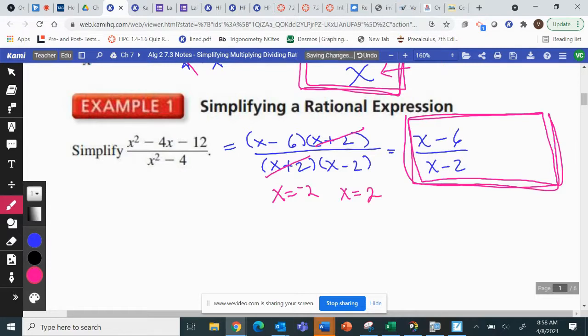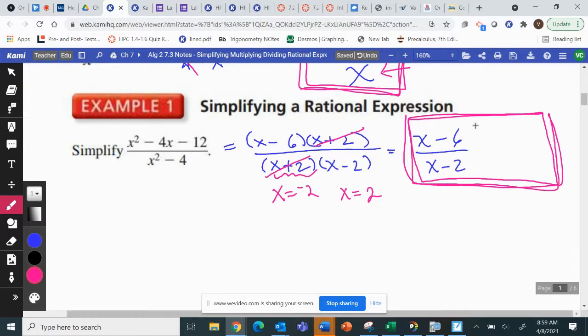What happens if I plug in -2 into this parenthesis in the original question? What does this parenthesis equal when I plug in -2? Not a hard answer.